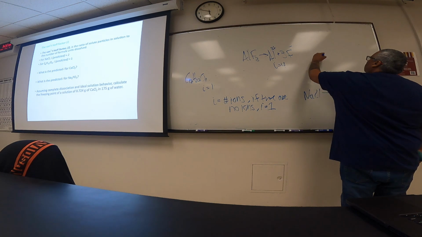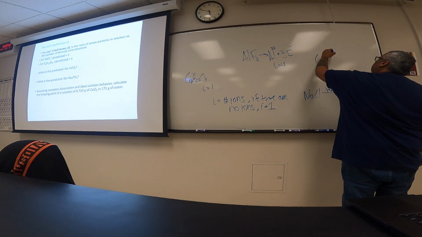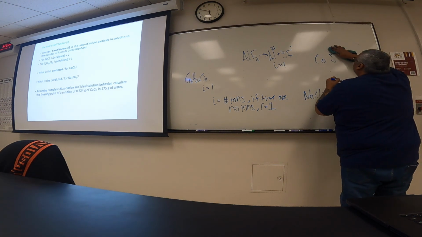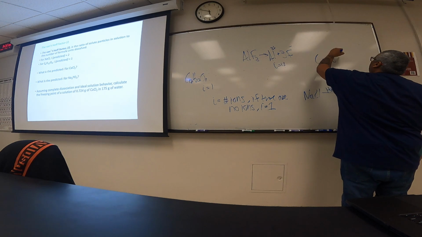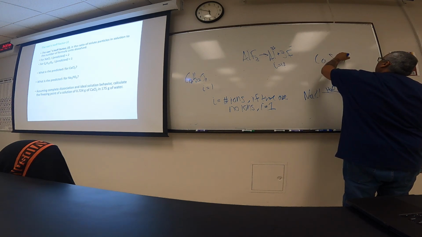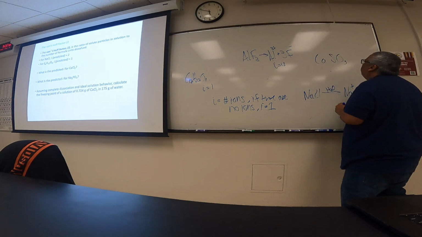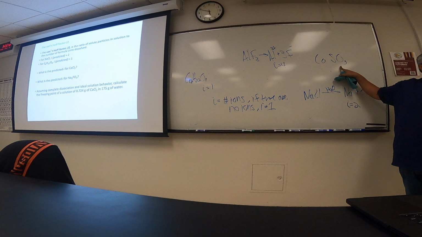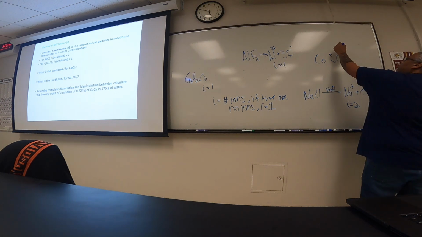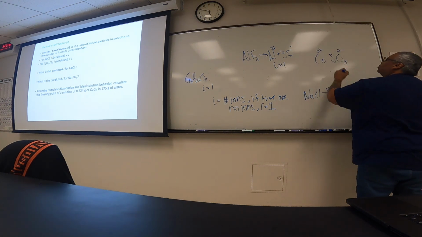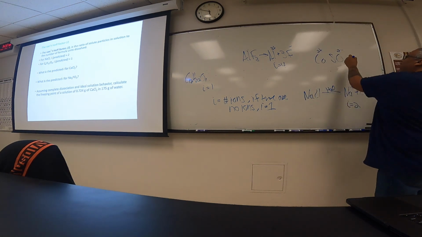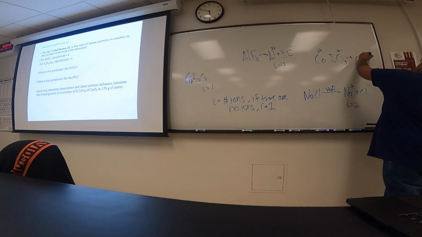And then let's take a look at, how about, all right, calcium sulfate, right? What's the charge on sulfate? Minus 2, and this is 2 plus. So when this ionizes, we're going to get calcium plus we're going to get some sulfate.